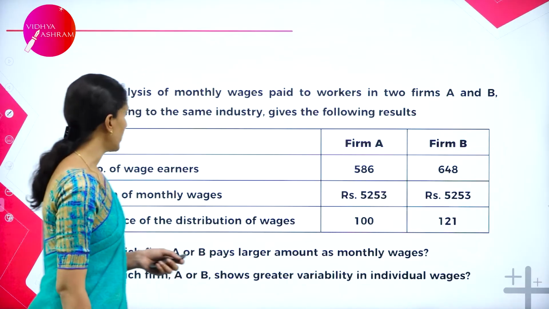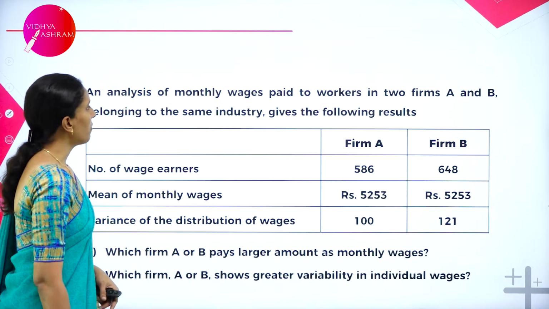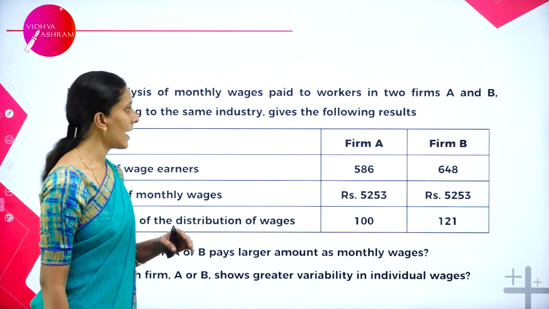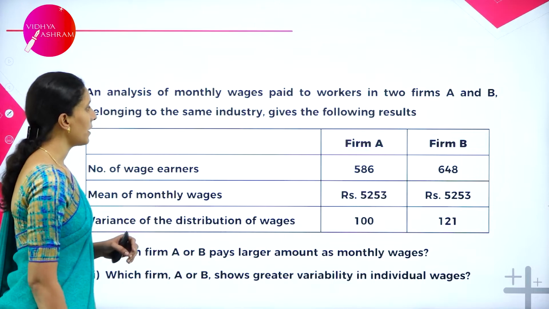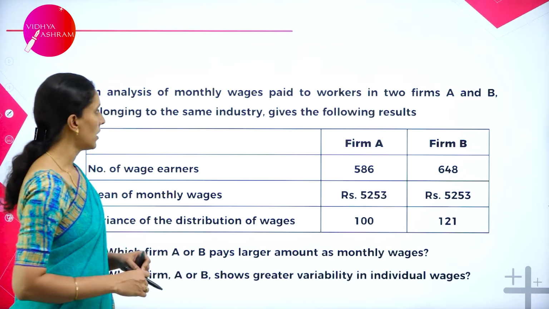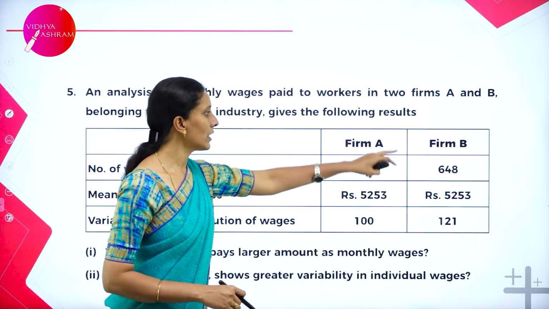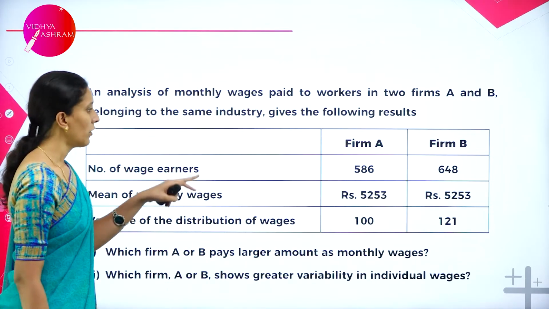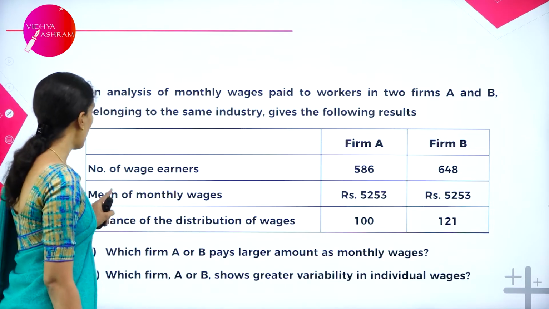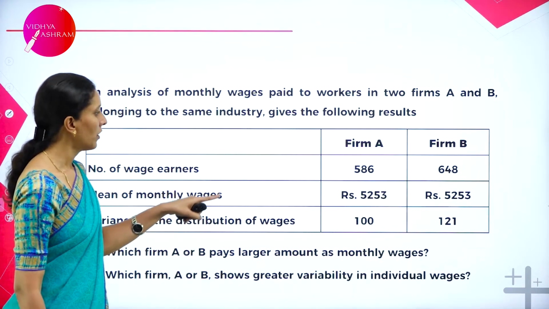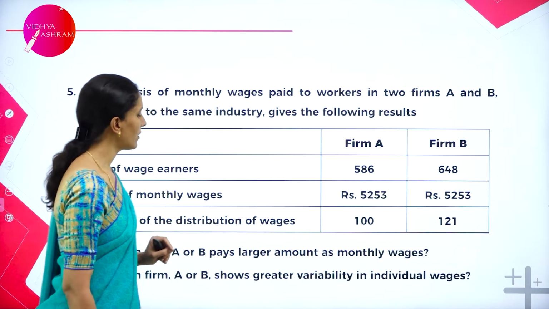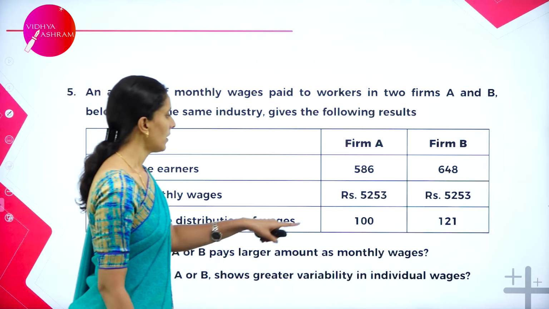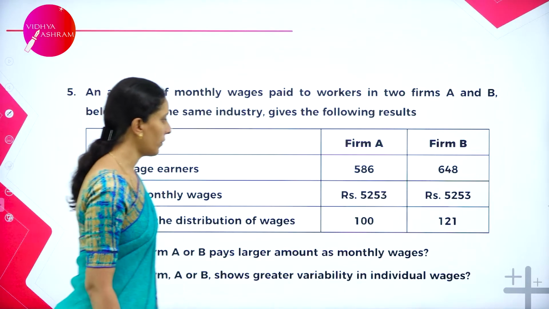The next question is, an analysis of monthly wages paid to workers in two firms, A and B, belonging to the same industry gives the following result. That is the data for firm A and that is the data for firm B. The number of wage earners is 586 and 648, the mean monthly wages are 5253 and 5253. The variance of the distribution is 100 here and 121 here.